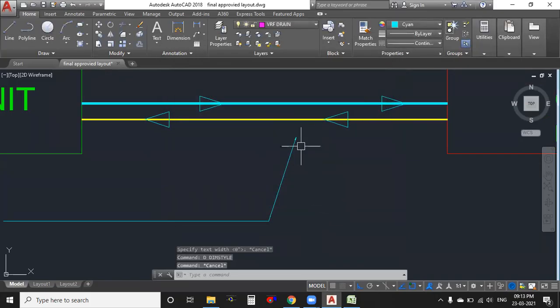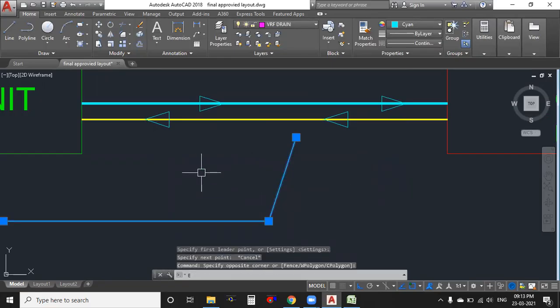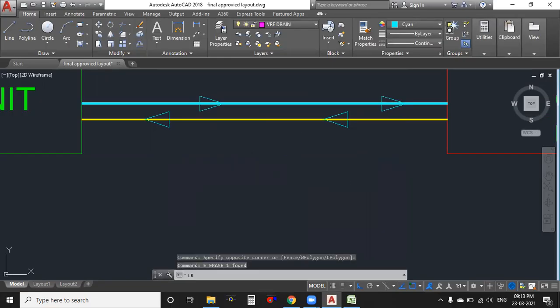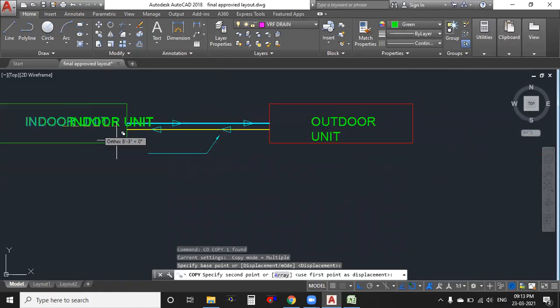I will explain that also now. LE, enter, leader line. T, enter, text. Otherwise I am copying this one. CY, enter, copy.